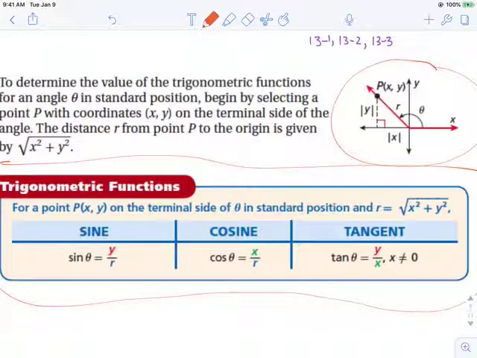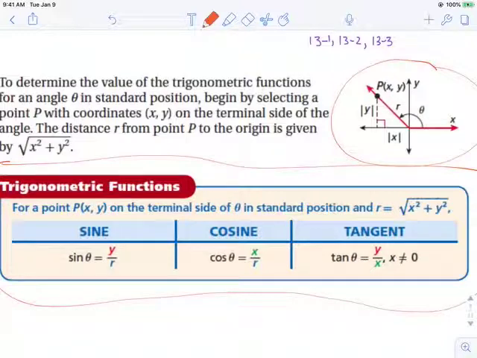So that's why we are talking about these things called reference angles, which you see right here. You see how they're creating this triangle right here? That's going to allow us to do trigonometry, all right, using this reference angle. Well, it turns out that if you want to take sine of that big angle, theta, all you have to do is take the y value of your point, divide it by, what is r representing?